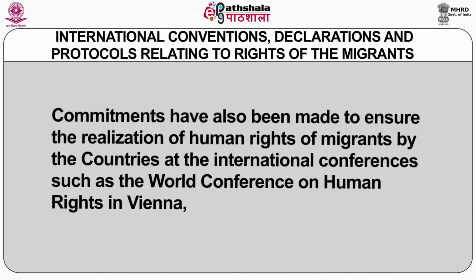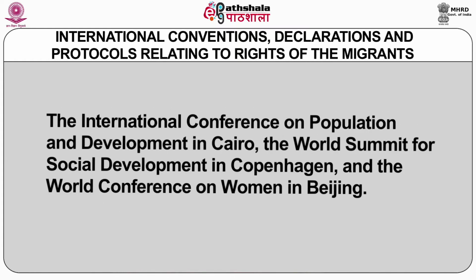Commitments have also been made to ensure the realization of human rights of migrants by the countries at international conferences, such as the World Conference on Human Rights in Vienna, the International Conference on Population and Development in Cairo, the World Summit for Social Development in Copenhagen and the World Conference on Women in Beijing.